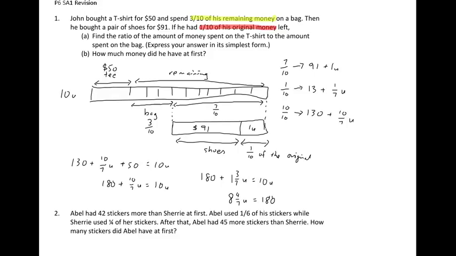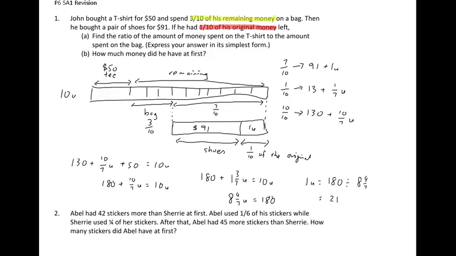But how to find 1 unit? 180 divided by 8 wholes 4 over 7, right? To find 1 unit is actually 180 divided by 8 wholes 4 over 7, which equals 21. But we are supposed to find the amount of money he spent on the t-shirt to the amount he spent on the bag.